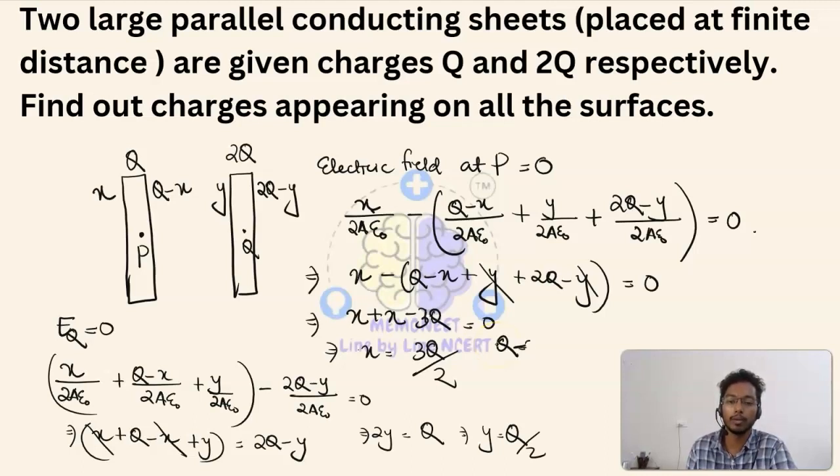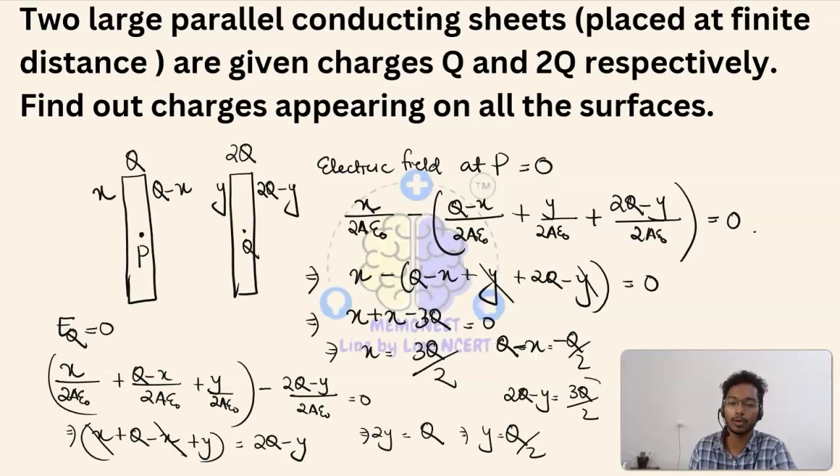Then x will be equal to q minus 3q upon 2, that is minus of q by 2, and y is equal to q by 2. So 2q minus y will be equal to 2q minus q by 2 equals 3q by 2.